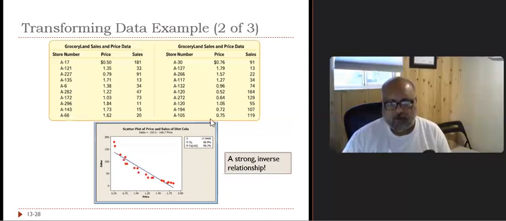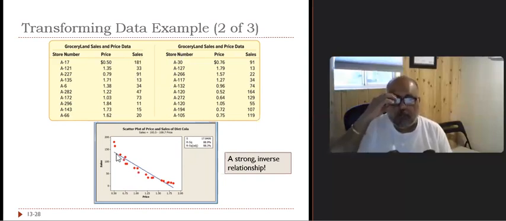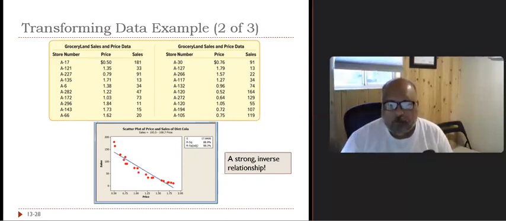After we complete that exercise, we have this data set here, the yellow highlighted data set. We can plot it, and we can use this to do the regression analysis. It shows that there's a strong inverse relationship.